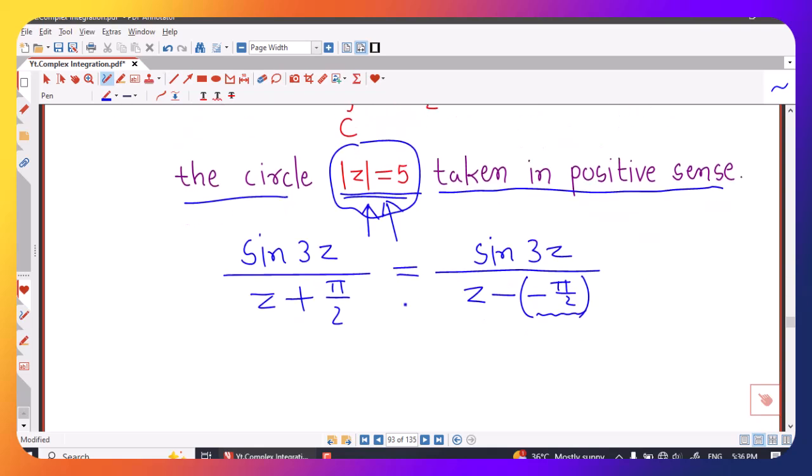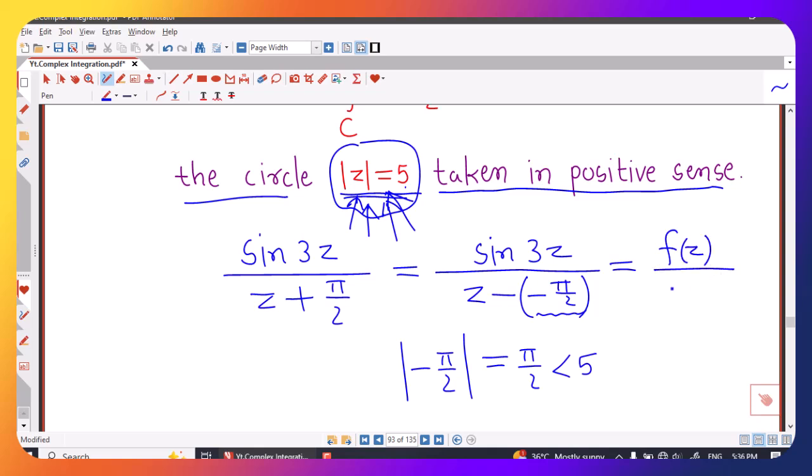If we take the absolute value of minus pi by 2, then it is pi by 2 and it is less than 5. That means the modulus of minus pi by 2 is less than 5. Therefore minus pi by 2 is inside this circle, which is a simple closed contour. So we can consider f of z equal to sin 3z, and if we compare with z minus z0, here z0 is minus pi by 2.